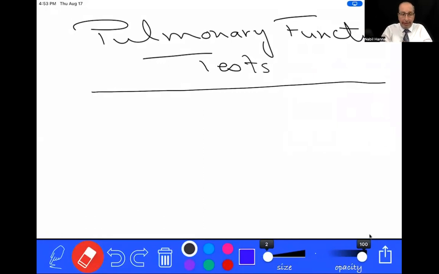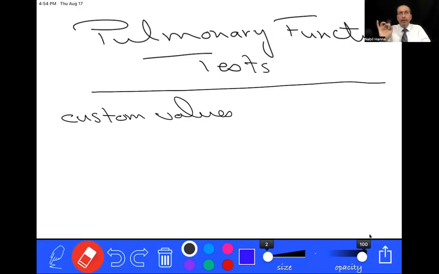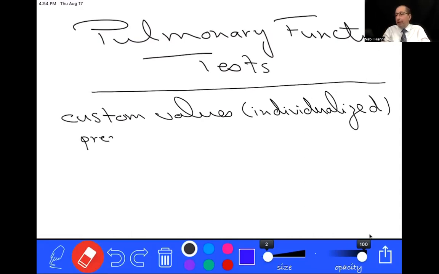Unlike the lab tests, we do not have standard normal values for pulmonary function tests. We have custom made values, and we consider this normal for you. So it's individualized. And we call them the predicted values.